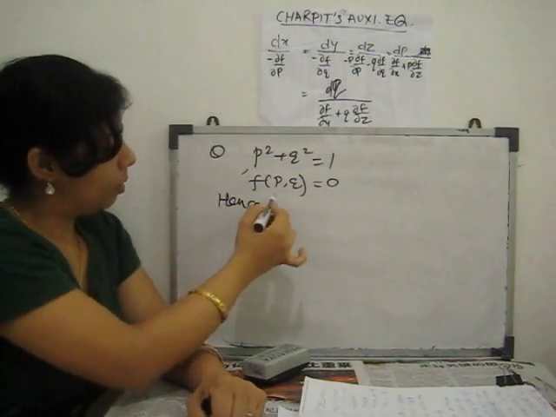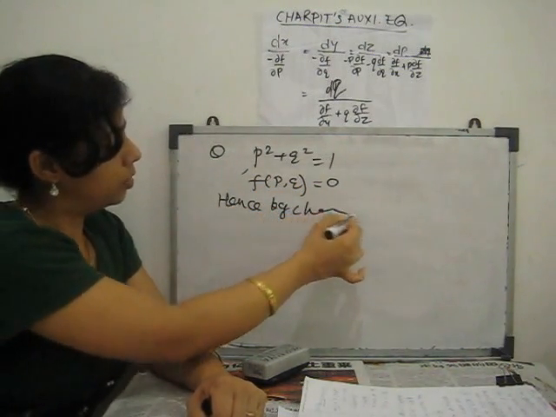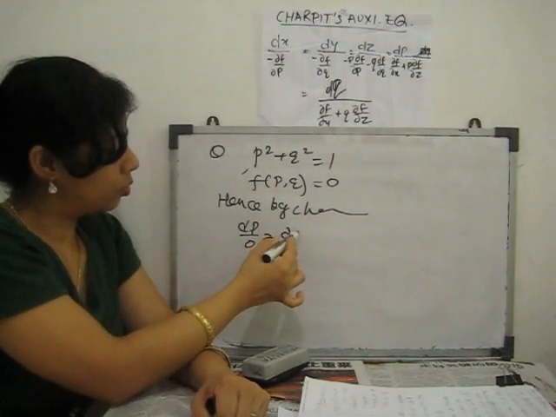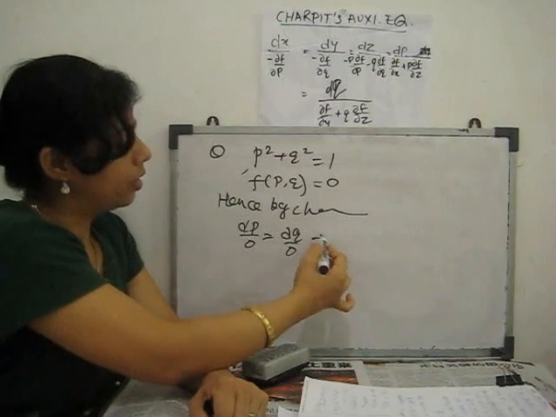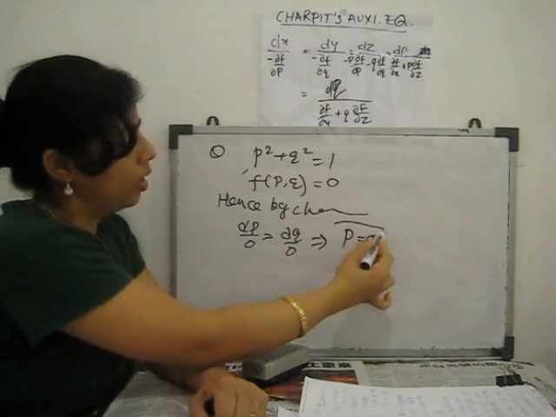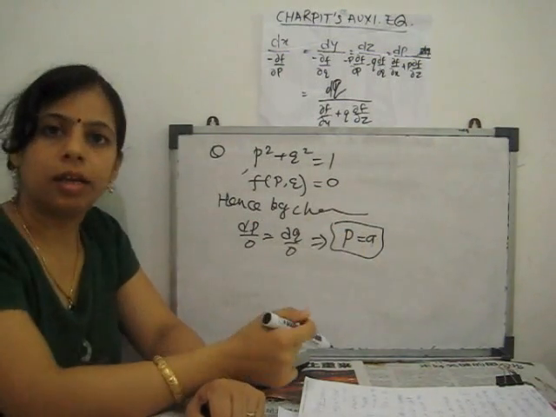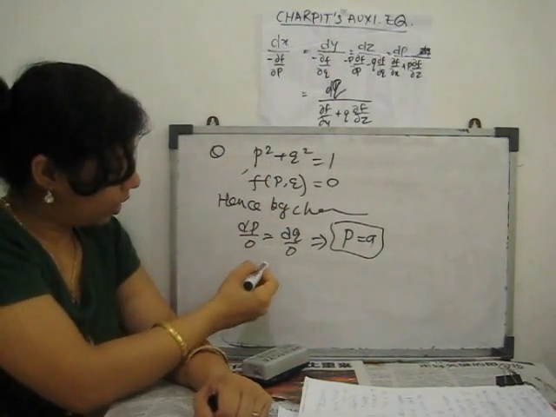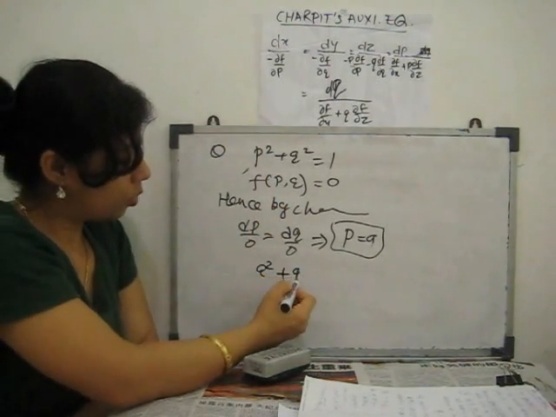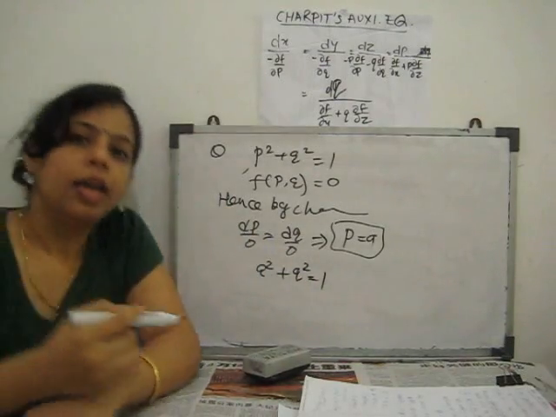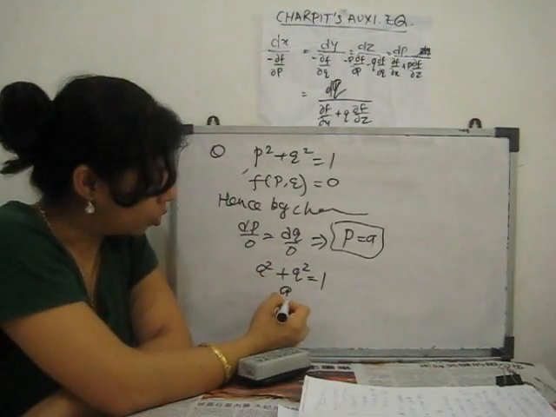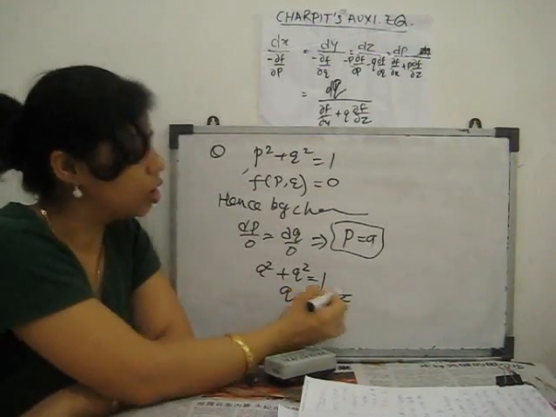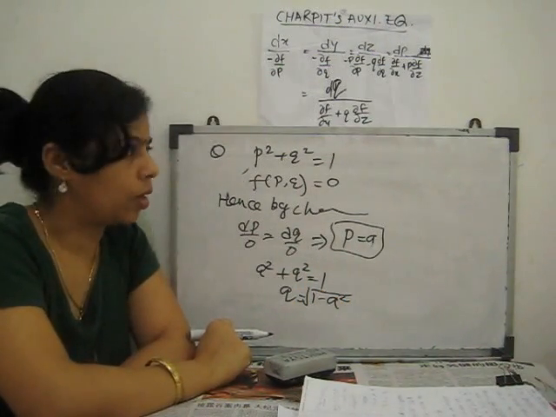Hence, by Charpit's auxiliary equation, dp upon 0 equal to dq upon 0, it gives p equal to a, any constant. When p is equal to the constant a, substitute here: a square plus q square equal to 1. Then what is q? q square is 1 minus a square, and q is the square root of 1 minus a square.